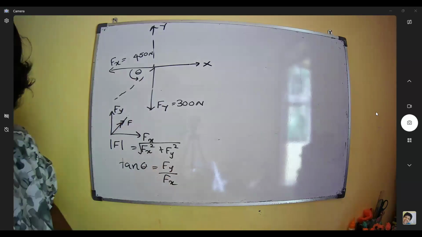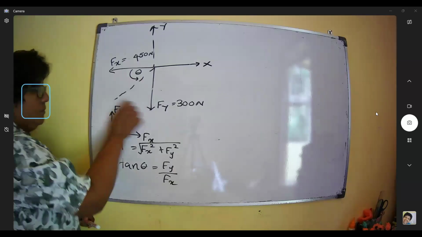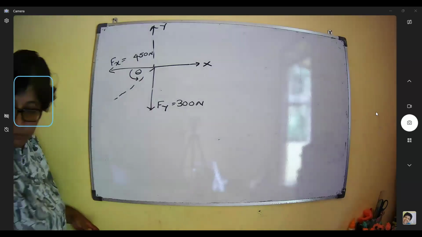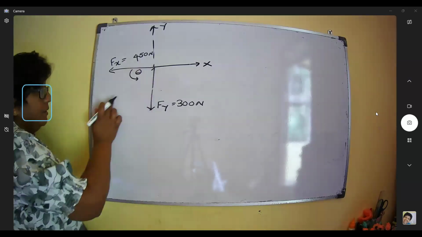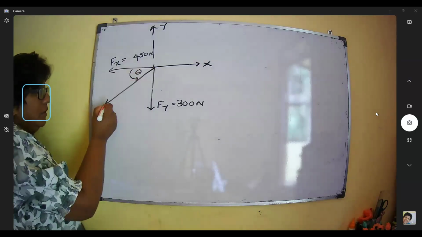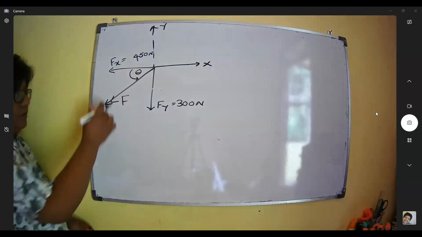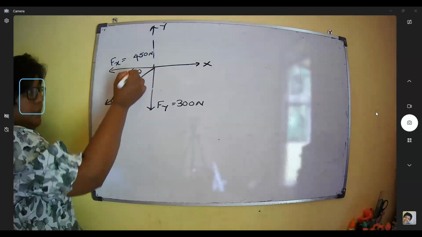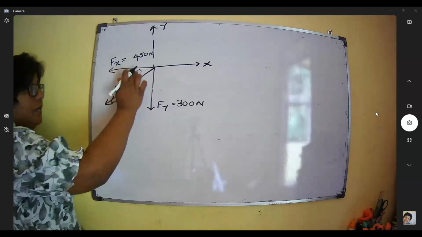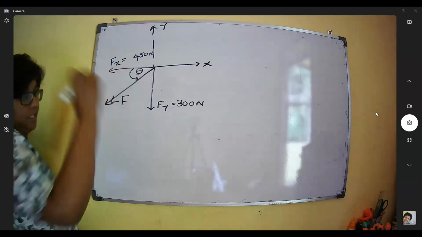We will see. This is the resultant vector, capital F, right? The direction is also here, mentioned with the angle theta made with the horizontal axis.